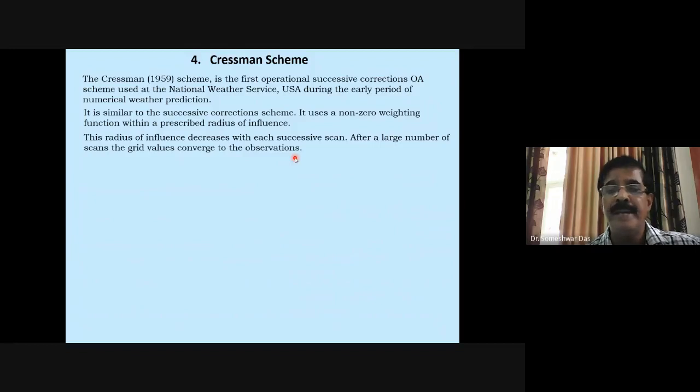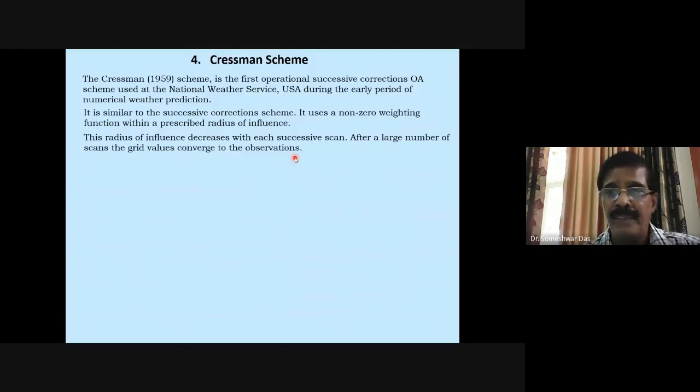So once you have made one round of iteration, then you can reduce your radius of scan. Suppose in your first iteration, you are considering the observations up to say 1000 kilometers. Although you know that the observations at 1000 kilometers will have the least weightage, you have still given some weightage to that observation also.